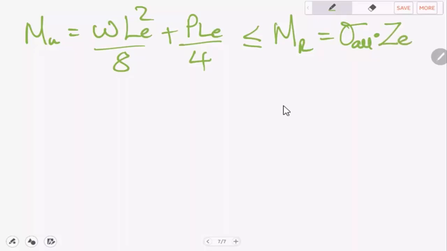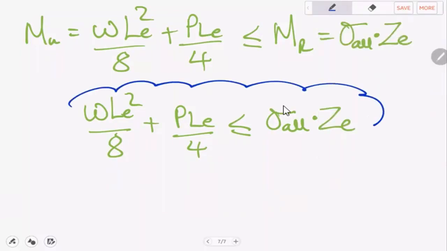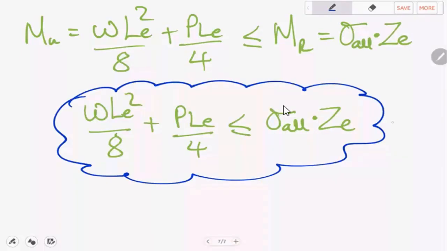So omega L_E squared over 8 plus P L_E over 4 should be less than or equal to sigma allowable, right, multiplied by Z_E. Right. That is number 2. Is it making sense? What we are discussing right now. Yes, sir, it makes sense.